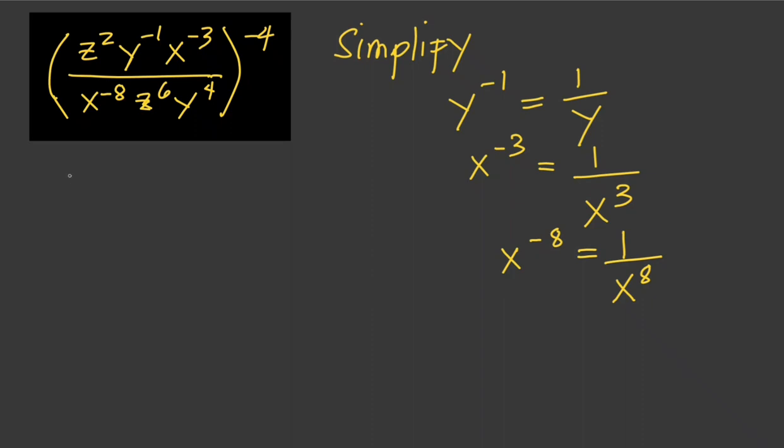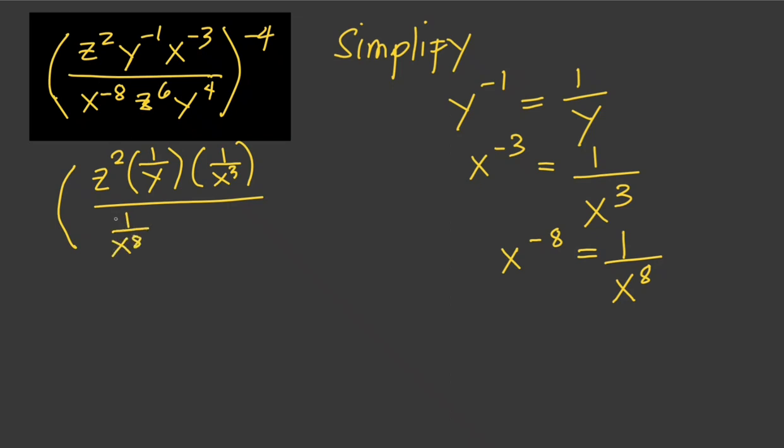So we can write this as z squared times 1 over y times 1 over x cubed over 1 over x to the 8, z to the 6th, y to the 4th, to the -4.